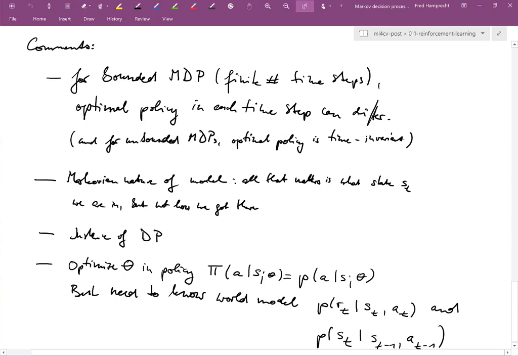So when you are in a given state, in an MDP of infinite length where the world model does not change over time, it does not matter where on the time axis you are. If you are in state number 3, then you should always take the same action, no matter where along this axis you are.